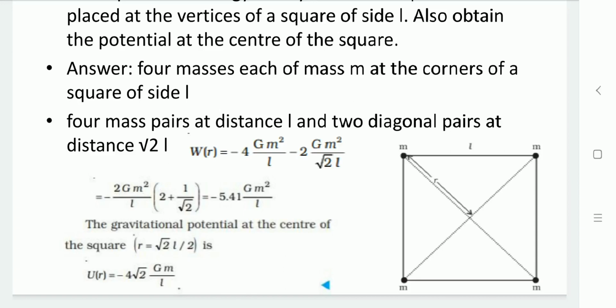So the potential we get, U(R), is equal to minus 4 root 2 G m by L.